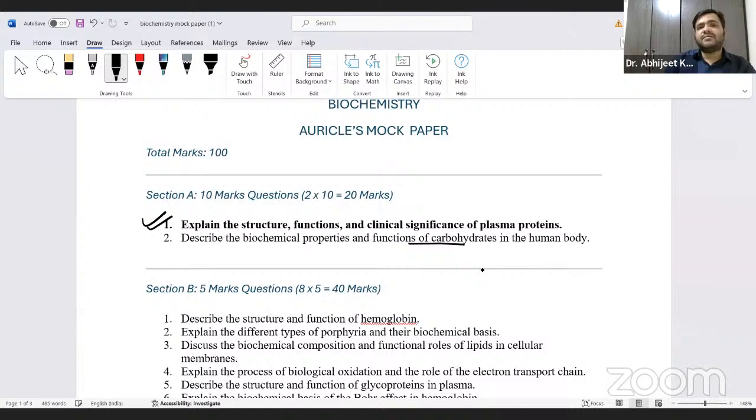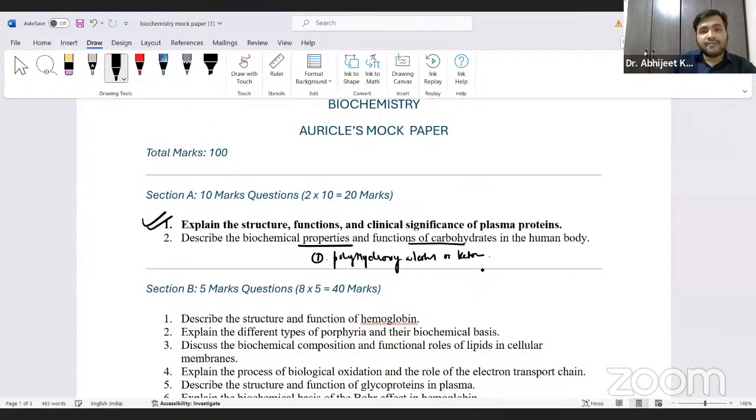Functions of carbohydrates in the body. I think I don't even need to tell you guys. Carbohydrates have certain biochemical properties, and we have already discussed these. You already know they are polyhydroxy alcohols or ketones.